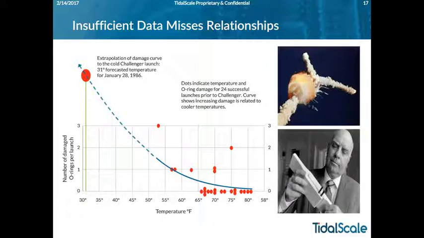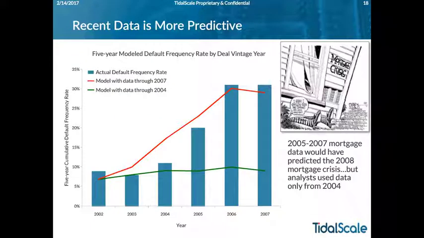Another recent example is with the financial crash of 2008. So we packed a lot of information in this slide. What you're looking at here is the frequency rate for mortgage default year to year from 2002 to 2007.